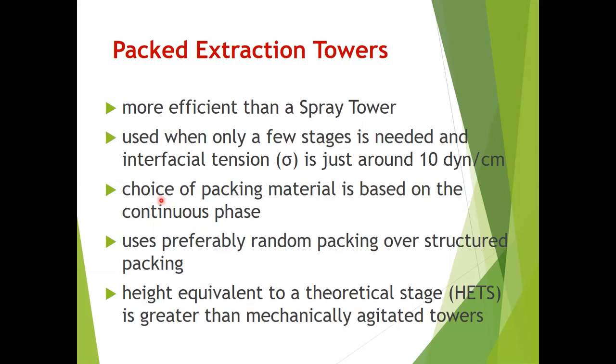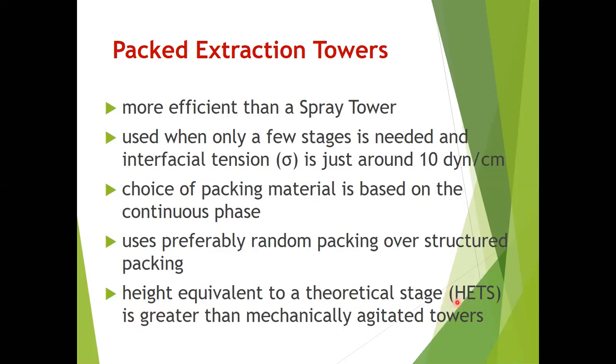So if you're using a packed tower for extraction, the choice of the packing material is based on the characteristic of our feed. Now in here, this uses preferably random packing over structured packing material. Just like in gas absorption, using random packing is more efficient than structured packing. Now, in gas absorption, we determine the HETP, if you recall. In here, we determine the HETS.